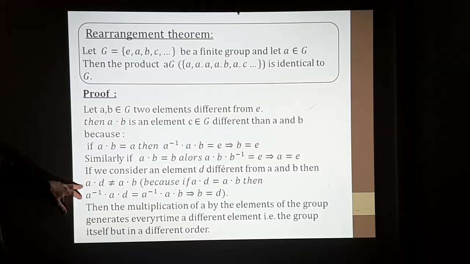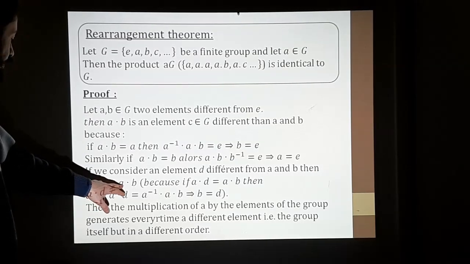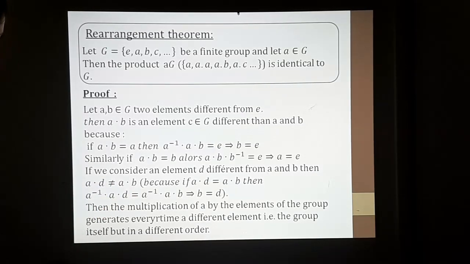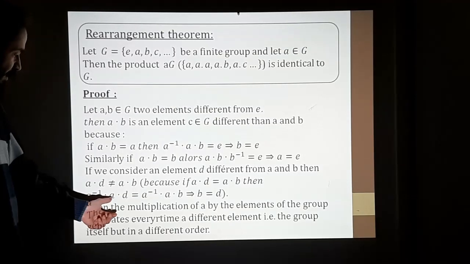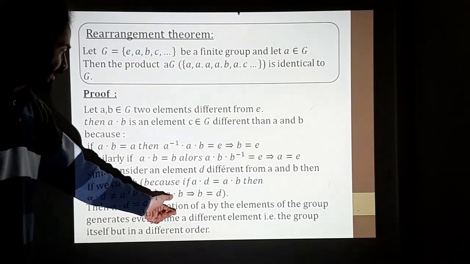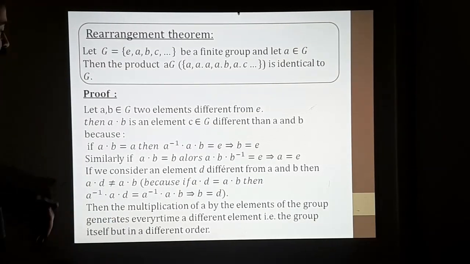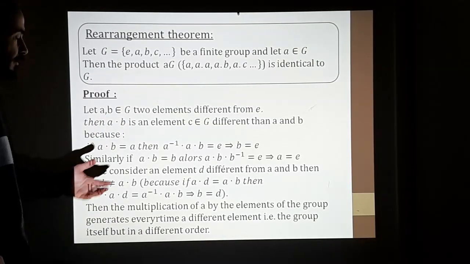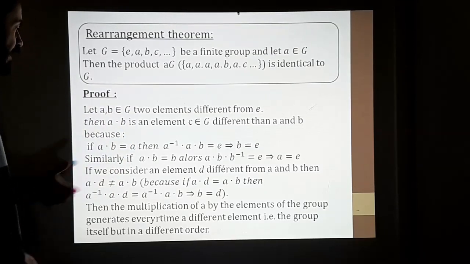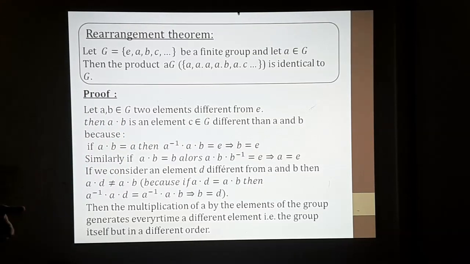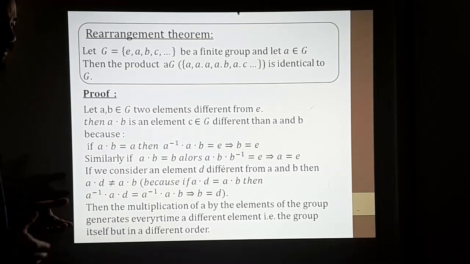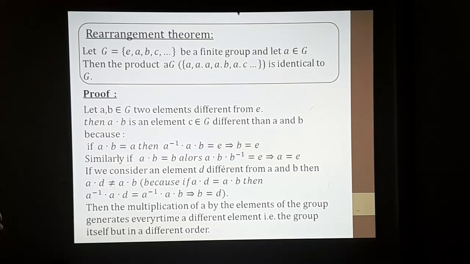Because if A multiplied by D is equal to A multiplied by B, then A minus 1 AD is equal to A minus 1 AB, then B equals D. So every time you multiply an element A by an element of G, you get a different element, and at the end you generate the group itself.